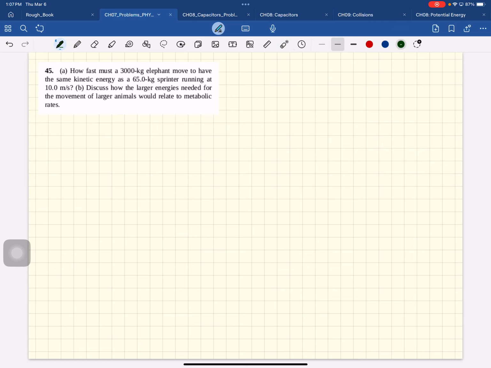Okay. So the kinetic energy of the elephant should equal the kinetic energy of the sprinter.